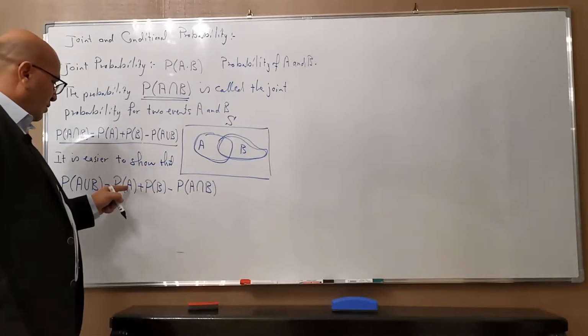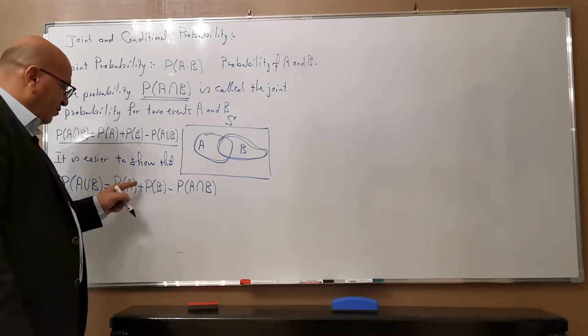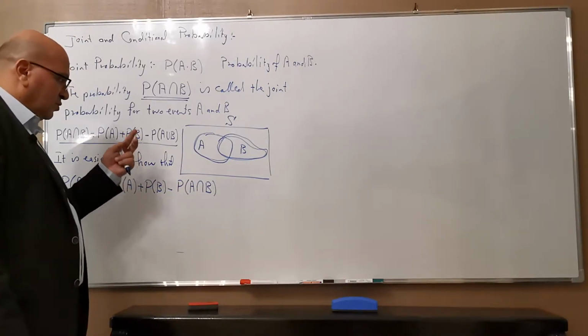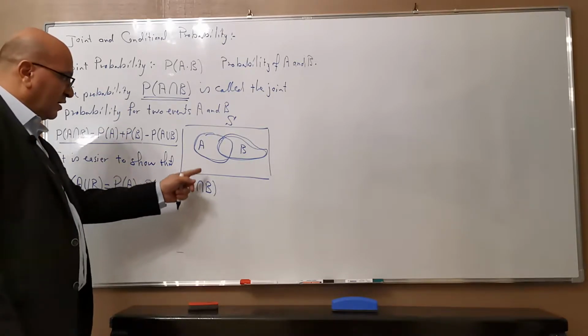But they are recorded in both the probability of A and the probability of B. So it is twice, so you have to subtract them once.